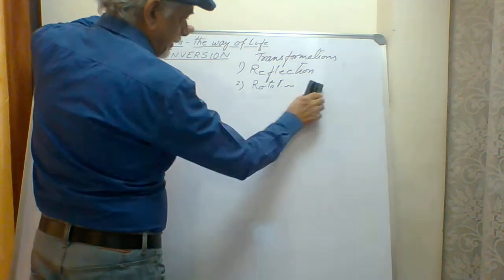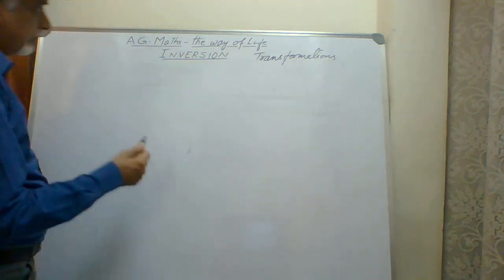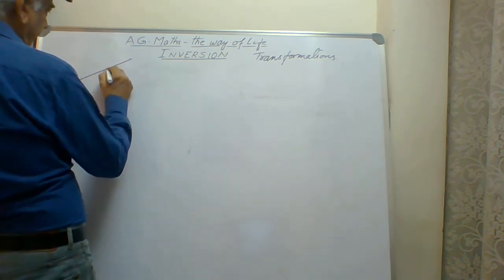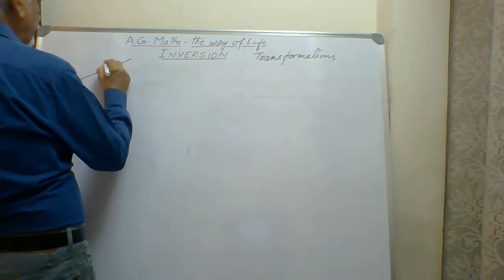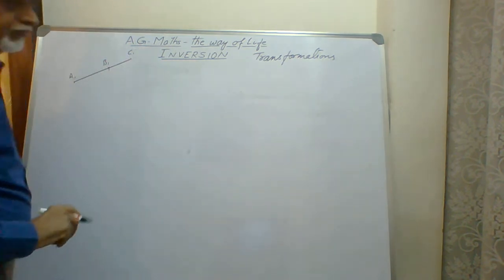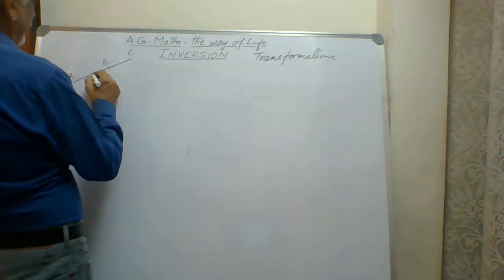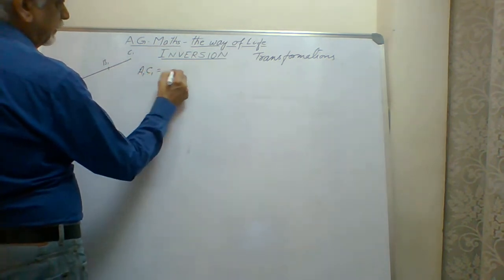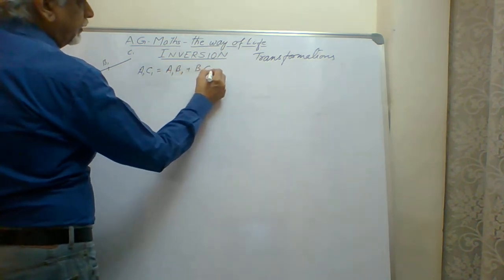Another which is very important, going to be discussed today, is called the inversion transformation. Now for inversion transformation, I'll start with something. If we have a line made out of two segments, A1B1 and B1C1, from here to here and here to here, we can say that A1C1 is nothing but A1B1 plus B1C1.